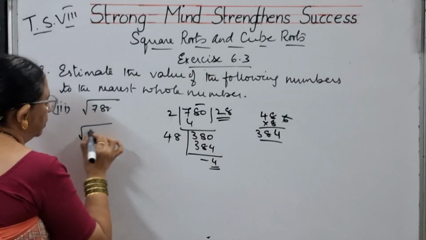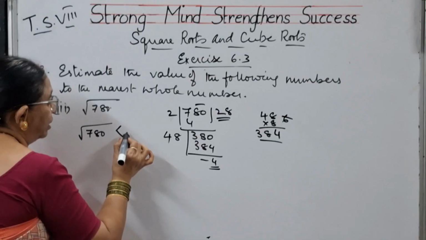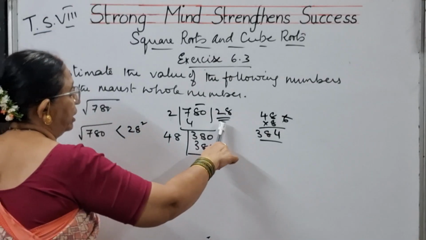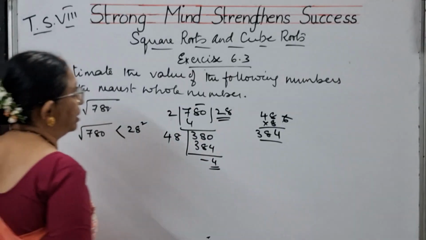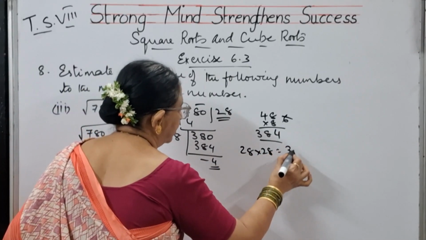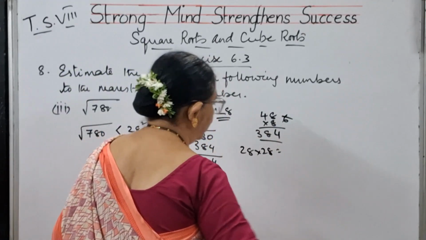So root 780 is less than 28 square, isn't it? Because 28 into 28, how much are you getting? 28 into 28 is nothing but you have 780 with 4 less to make it.